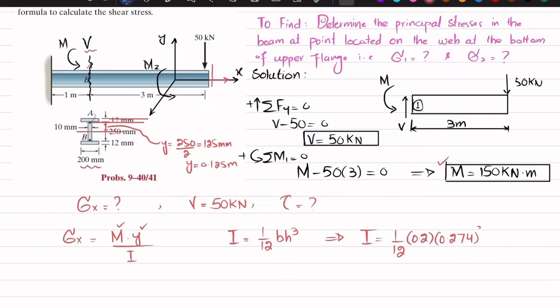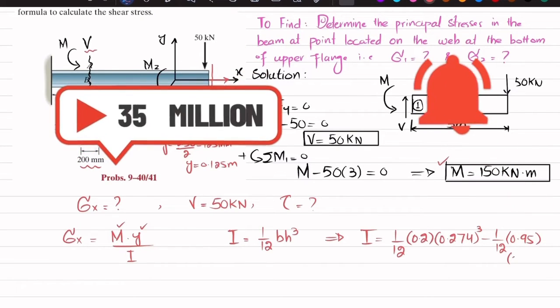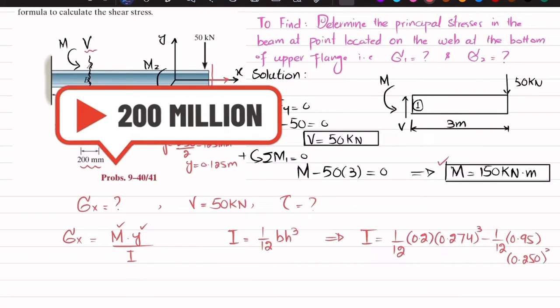minus 1 over 12 into, you can see this height will be equal to 250, and this will be equal to 200 minus 10 divided by 2, which is equal to 95. So I will write its breadth is equal to 0.095, and height is 0.250 whole cube.